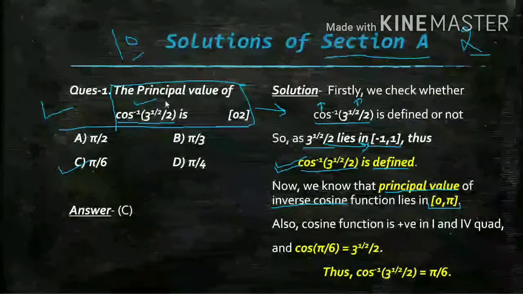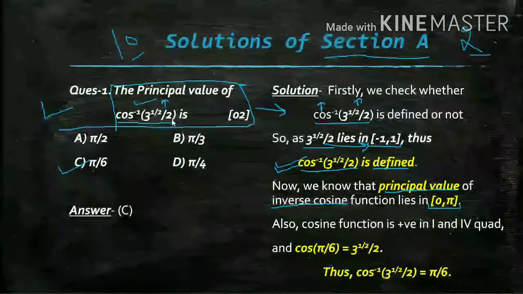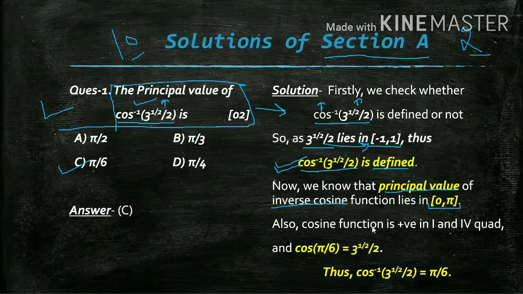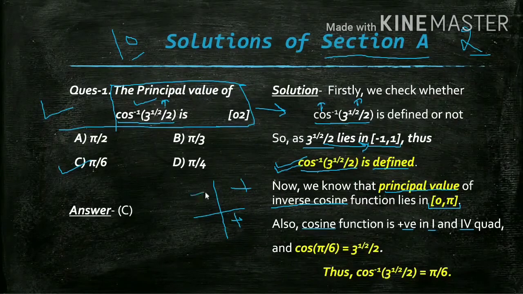This x, for which you have to find the value, is positive, and I'm talking about the cosine function. The cosine function is positive in the first and the fourth quadrant only, and no other quadrant. You can use the rule all sine, tan, cos.